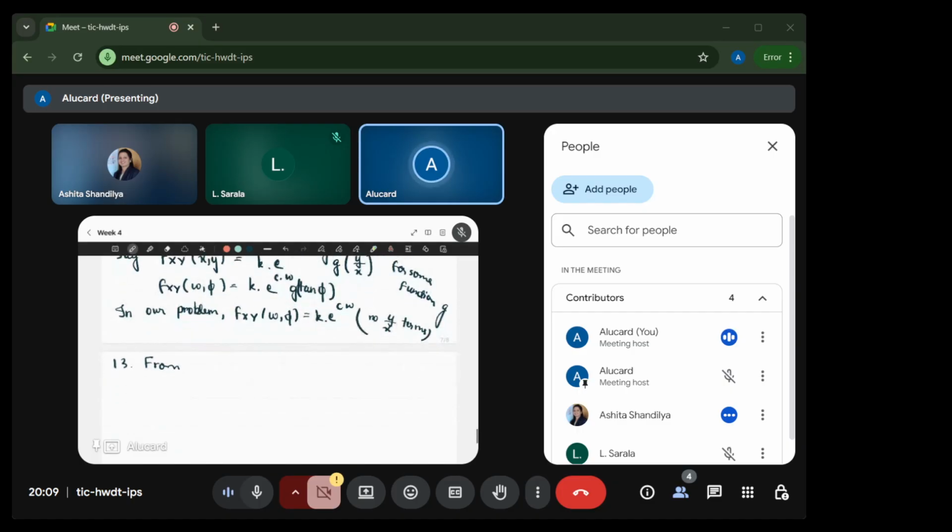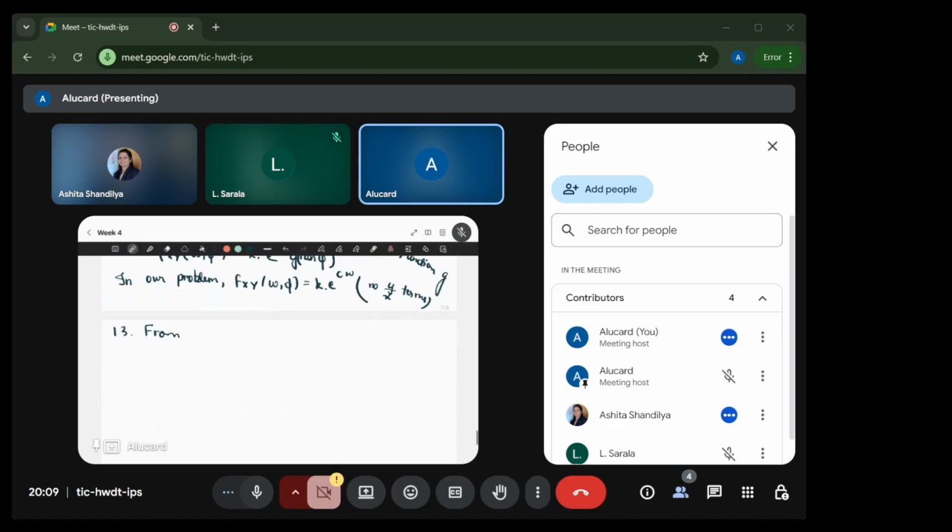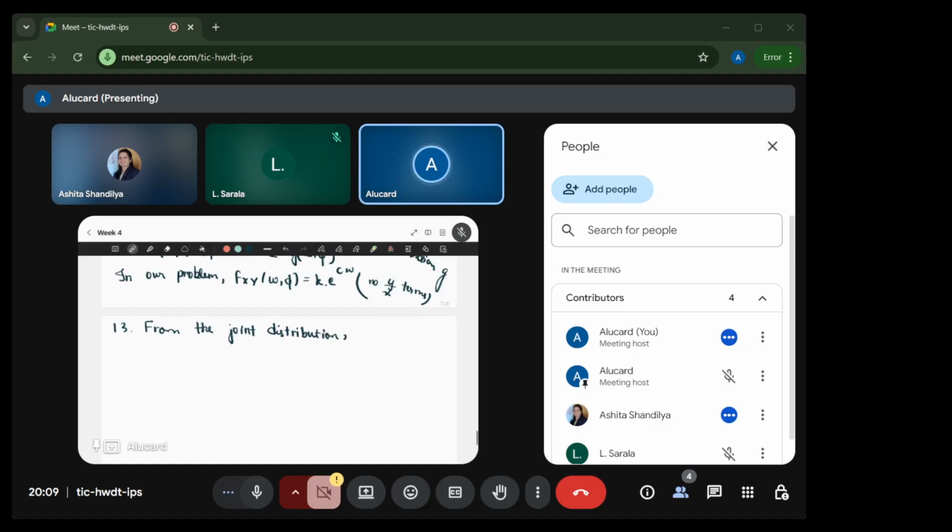So that actually makes calculation of the marginal distributions easier, since you don't have terms involving phi. So now from the joint distribution, what is the PDF of W?